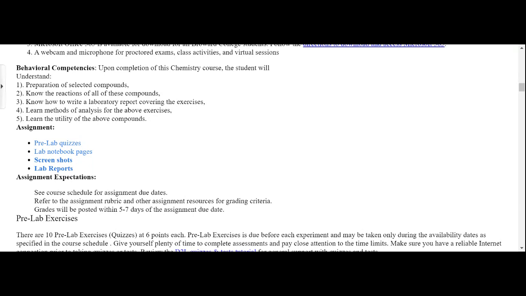I'm not going to overwhelm you with all the different techniques that we have. You are going to learn about five or six different techniques, and that's the first part of the organic 1 lab.